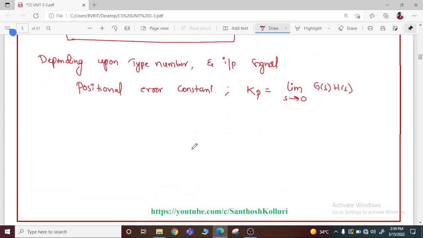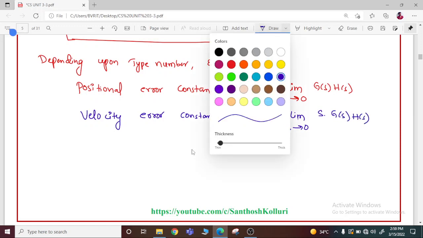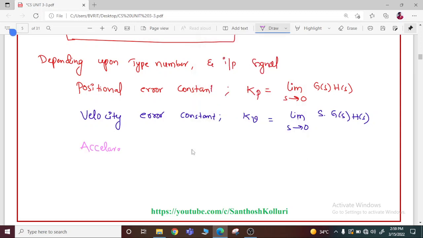Similarly, the velocity error constant Kv is limit s tends to 0 of s into G(s)H(s). Next, the acceleration error constant, represented with Ka, is limit s tends to 0 of s squared into G(s)H(s).